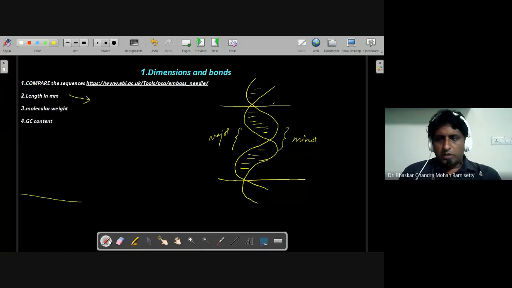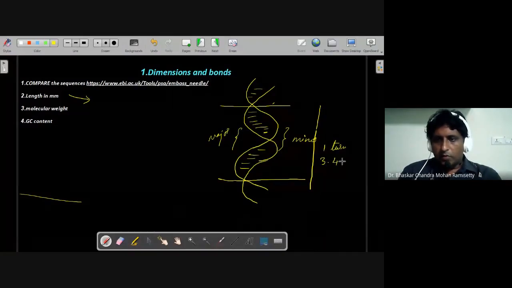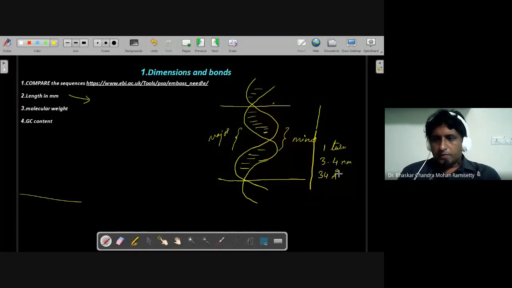So from here to here, it is one turn. What is the size of one turn? You can keep messaging if you know the answers. 3.4 nanometers. It can also be said as 34 angstroms, right? Each of us should be good with conversions between various units, especially length.